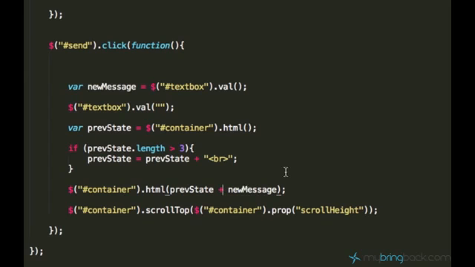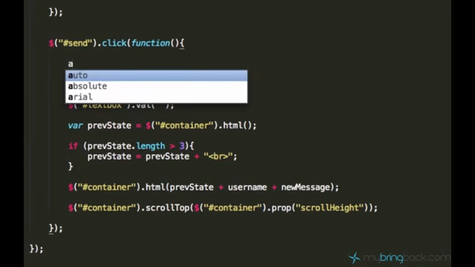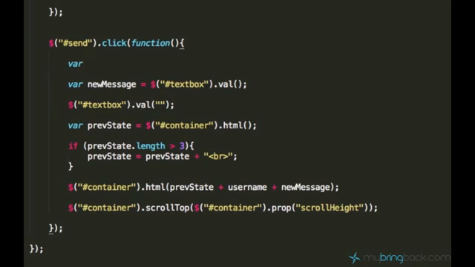So we can just go ahead and add a new variable called username. Now I didn't do a good job just typing a variable's name before defining it. So right here we can define a new variable and call it username.